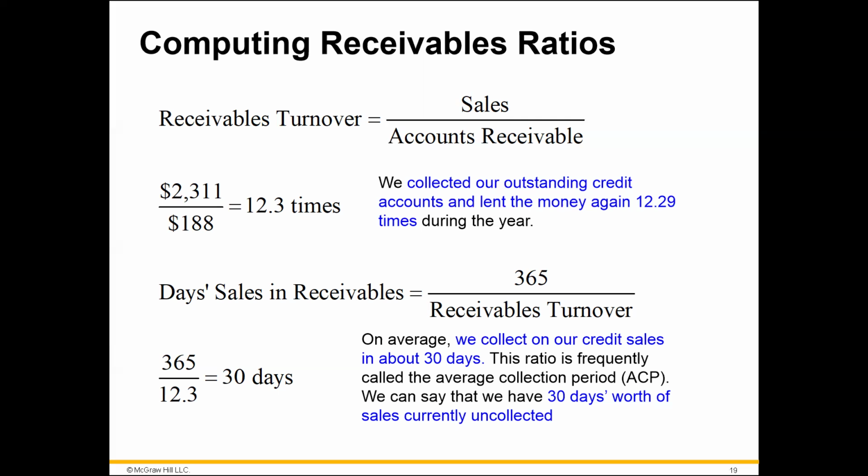For our example of the preferred corporation, this ratio is 30 days, which means that on average we collect on our credit sales in about 30 days, right? We can call this another term, the average collection period. So we can say that we have 30 days' worth of sales currently uncollected, right?